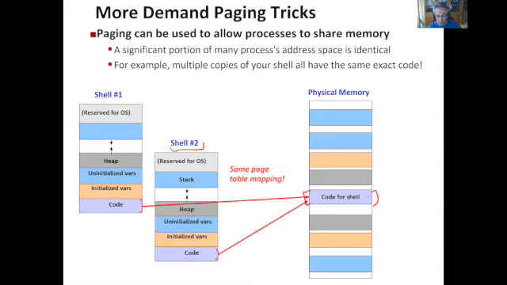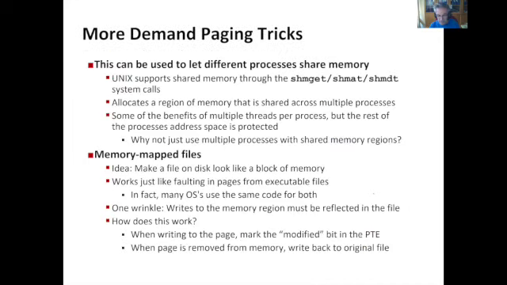But the other portions, for example the stack or the variables, will differ over time, so you will have separate copies. For example, I will have two different initialized variables, one for shell number 1 and one for shell number 2. But the code is shared, and this is really nice.